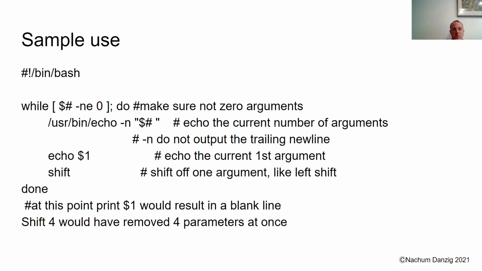At this point, print $1 would result in a blank line. If I did another echo $1 after the whole loop finished, everyone sees that the argument number is going to go down to 0. And therefore this loop, as long as it's not equal to 0, is going to reach 0 at some point, and then it's going to end.